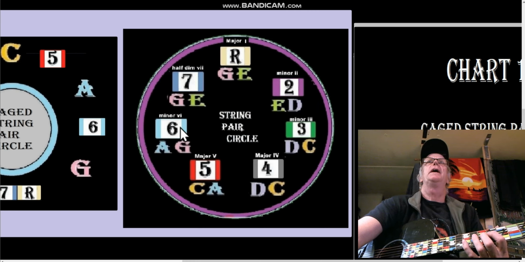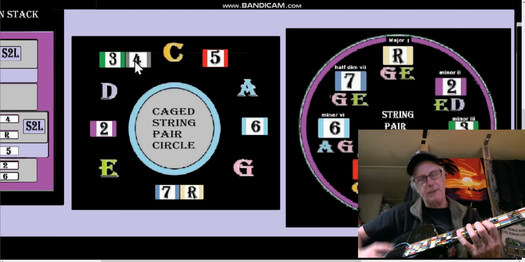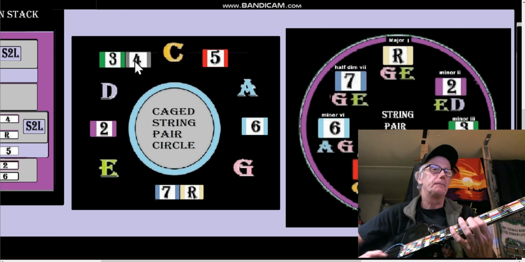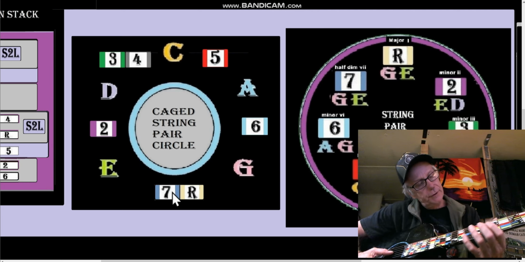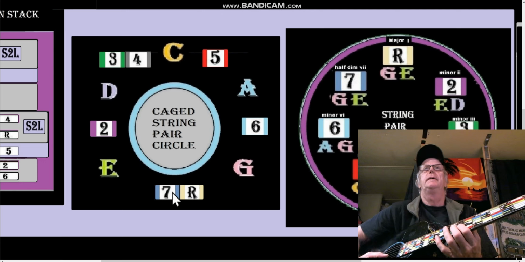The better diagram for this is the new one here, which is called the cage string shape pair circle. Alright, so where are we on that circle? We're on the 3 and the 4. So here we have the 3 and the 4 together. They're always together because they're a half step. The only other ones are the 7 and the root, which would be up here.